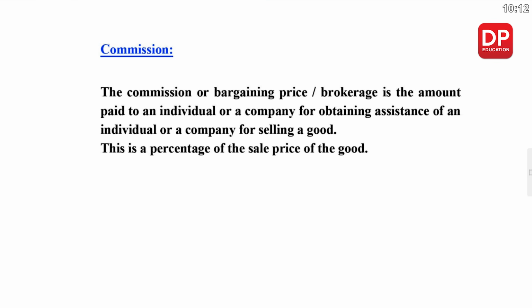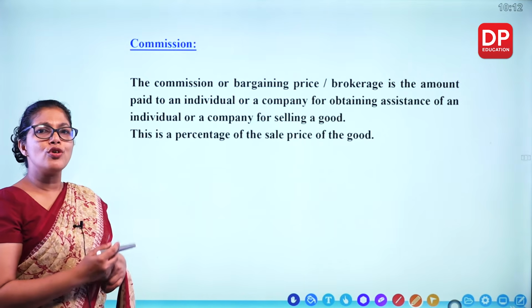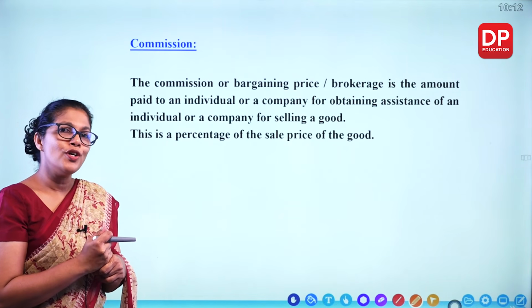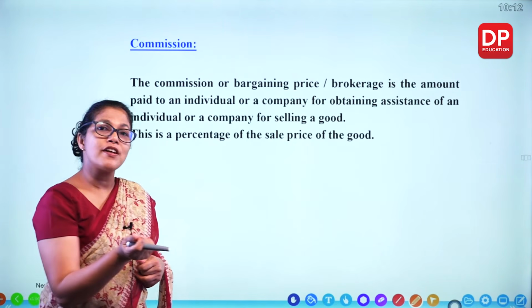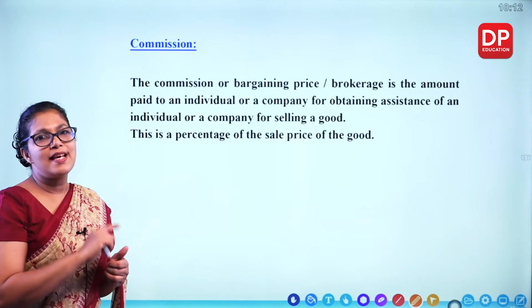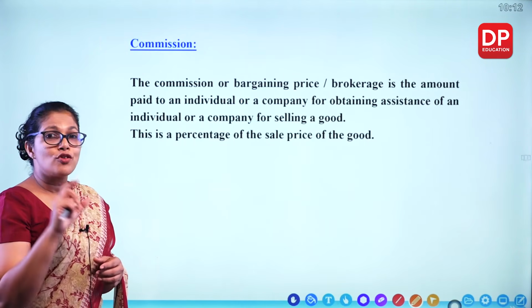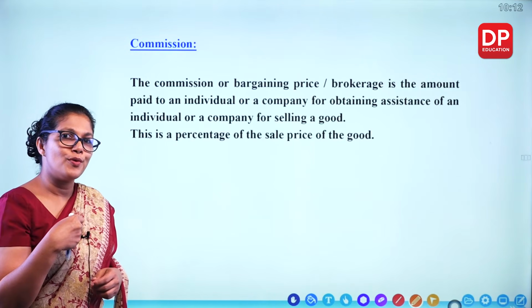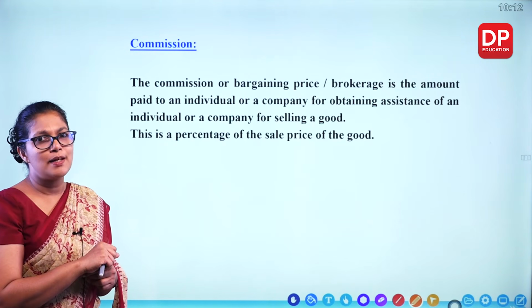Now we'll look at what commission means. Think about you want to sell a property. So what do you do? You go to a person or to a company and ask them to sell your property. So they will do that, but they are charging money from you. So that's called the commission.